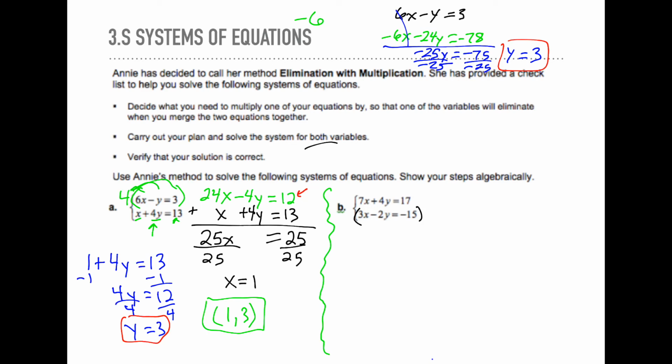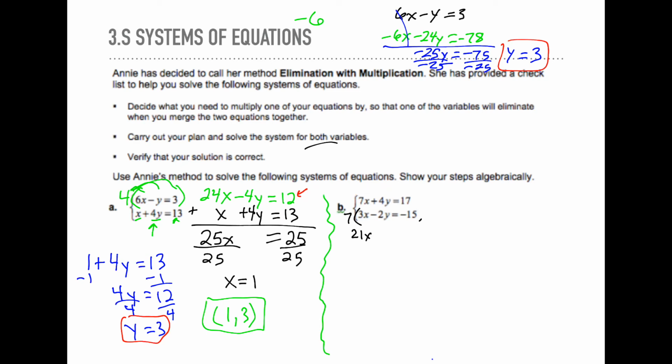So I would have to multiply it by 7 in order to get it to be 21x. If I wanted to get the top, then I would have to multiply that by a negative 3, and then a negative 3 times 7x is negative 21x. And you can see that I'd have to multiply both the top and the bottom by something. It would still work. I'd get an answer. We'd be good to go.